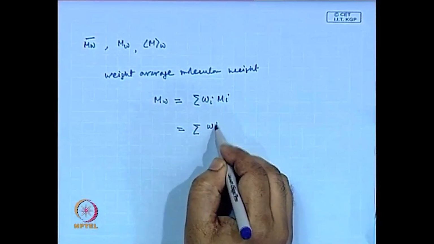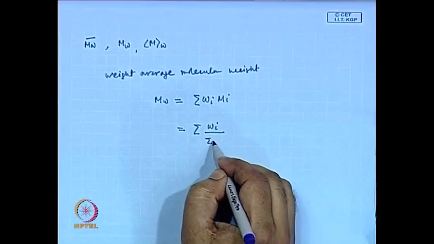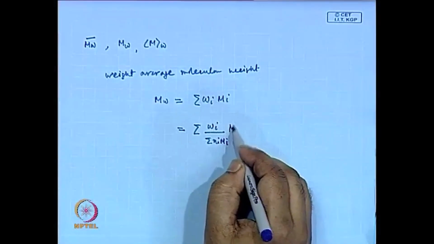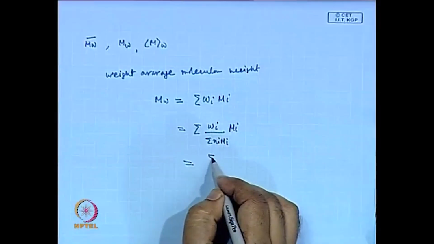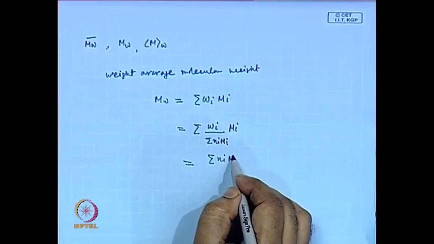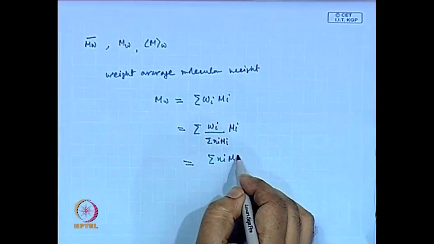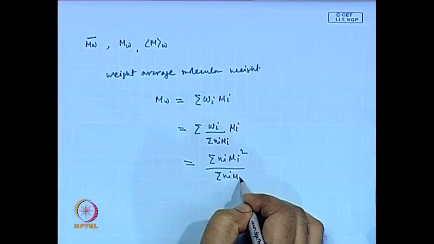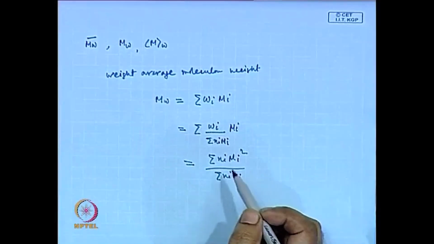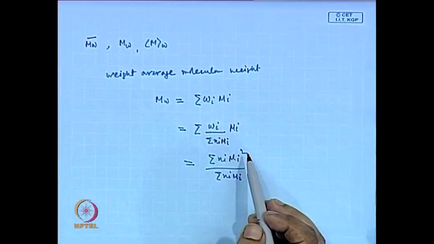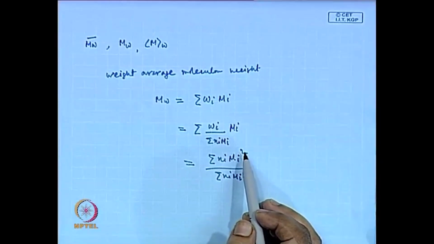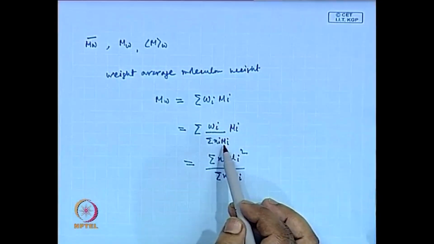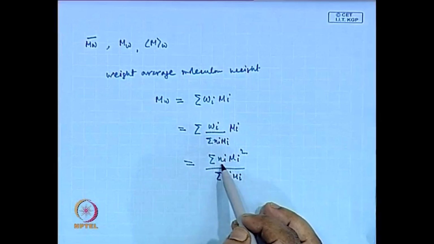So, I can write the weight fraction as the weight of the individual fraction divided by the total weight, and the individual fraction is given by Ni Mi.